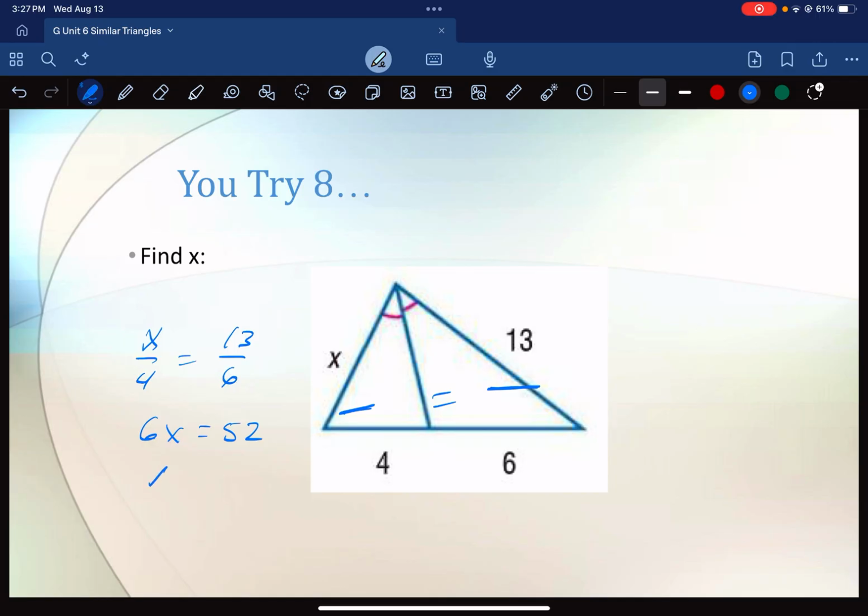And we get X equals 52 over 6. It's a repeating decimal, so it's going to be 8 and then 48 fourths, so 8 and 2/3, or your calculator says this, 8.6 repeating. Okay?